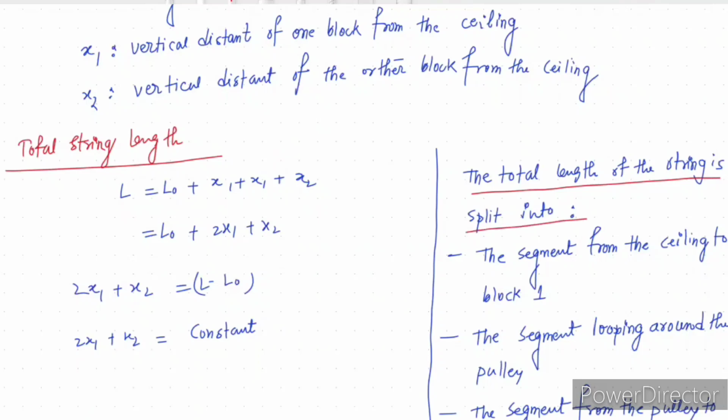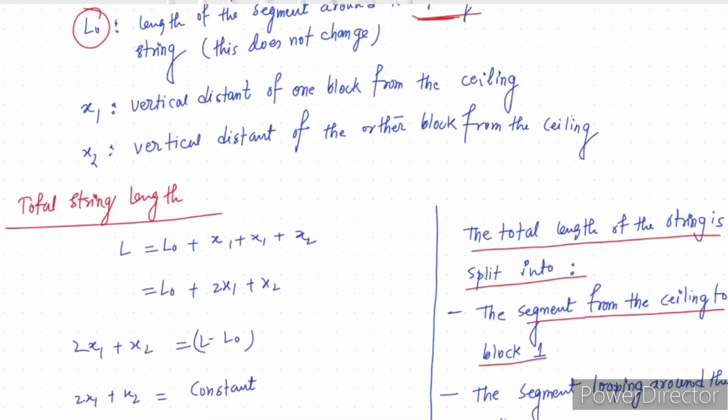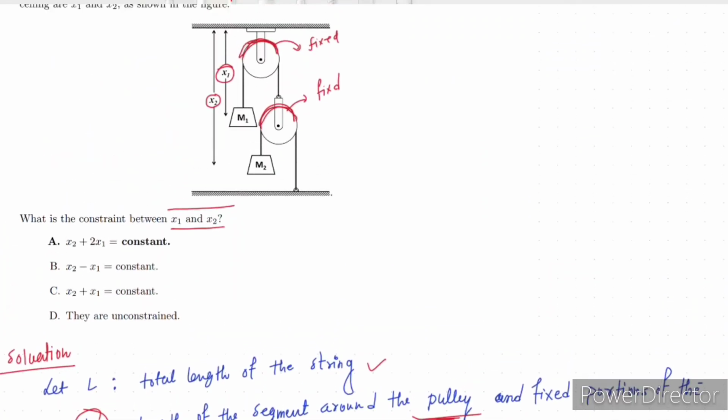The total length of the string is split into three parts. The first segment is from the ceiling to block 1, that is x1.